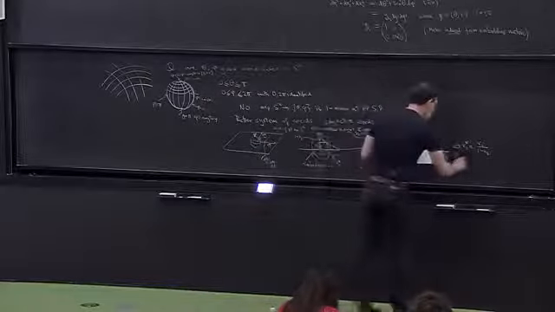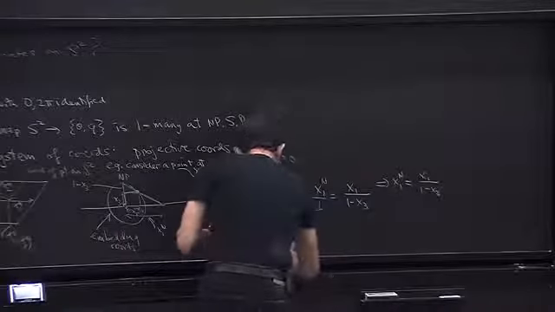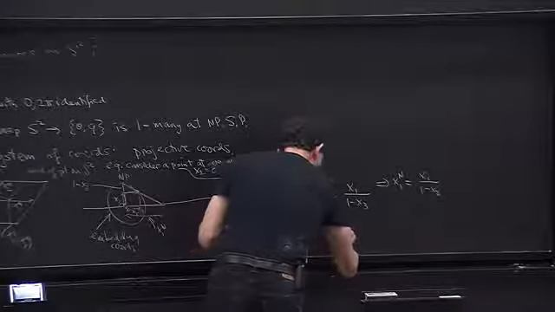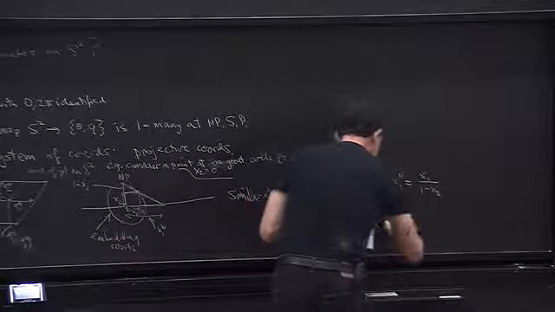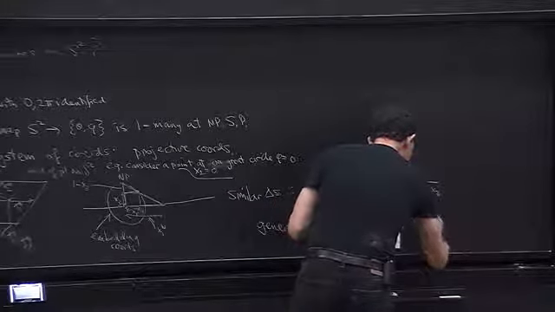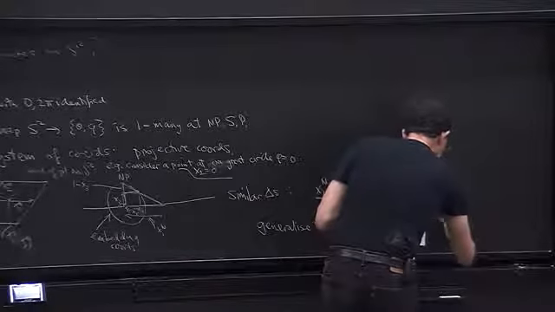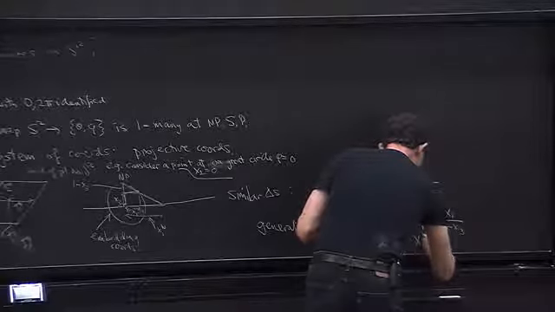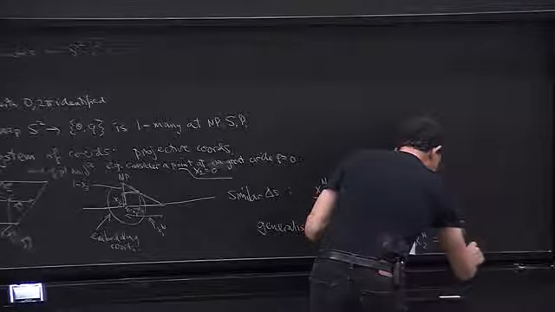So in general, to generalize to arbitrary x1 and x2, what we get is that x1n equals x1 over 1 minus x3, and x2n equals x2 over 1 minus x3.